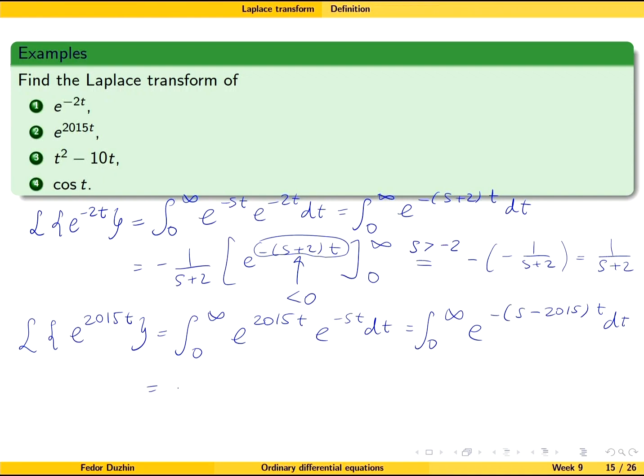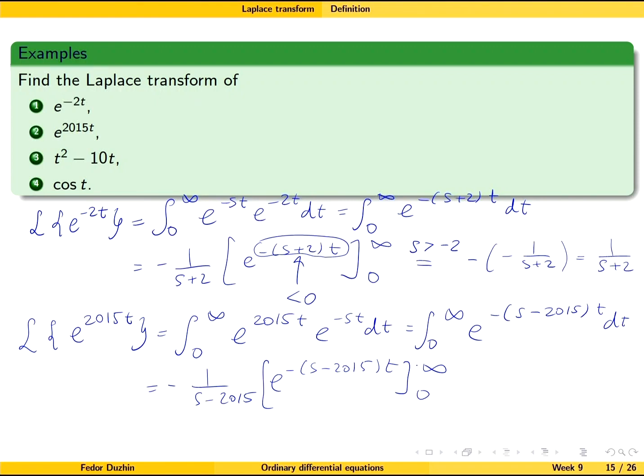And again, this is minus 1 over (s minus 2015) times e to the minus (s minus 2015)t, and I should take the change from 0 to infinity.